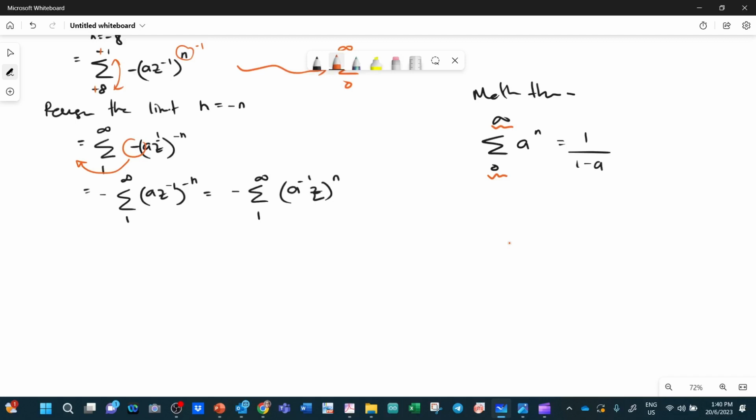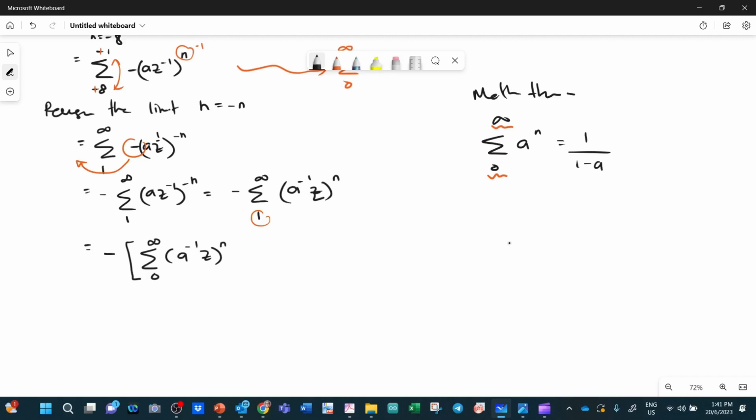But your equation starts from 1, so we need to rewrite this again. Let's assume we take out this minus, with the summation from 0 until infinity of (a^(-1) z)^n.